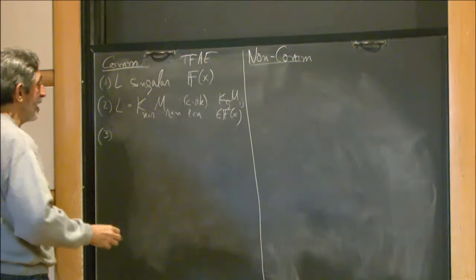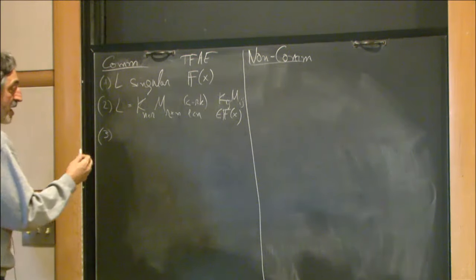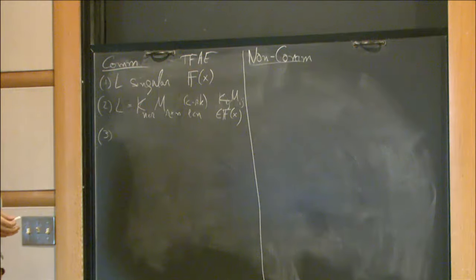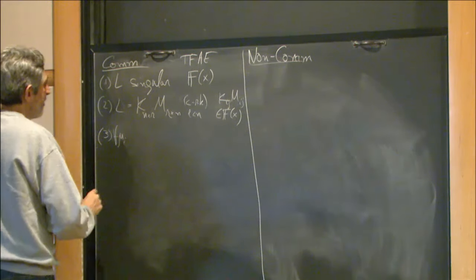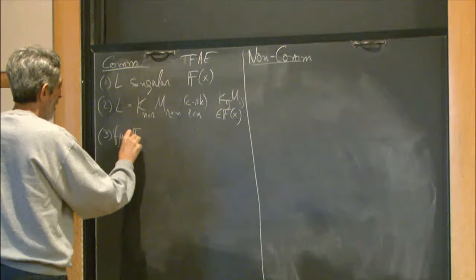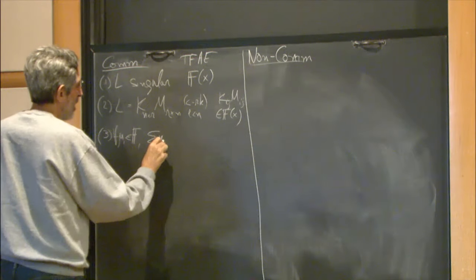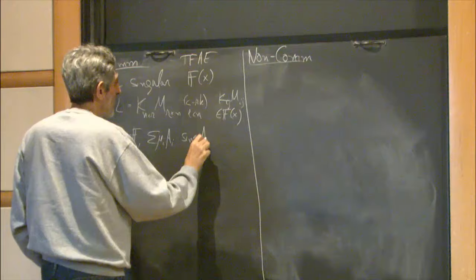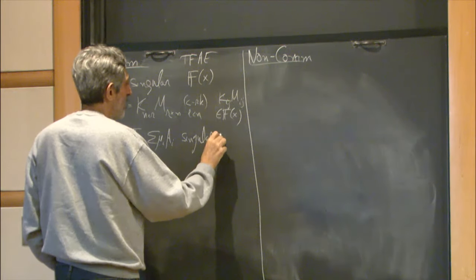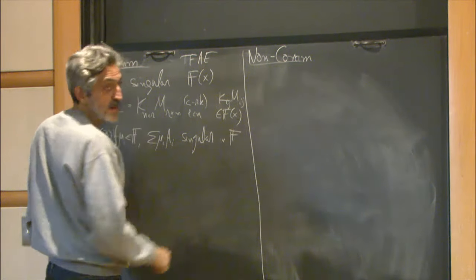Another one is what Zev was just saying, that for any assignment to the variables over the field, we get a singular matrix. So for every, let's say, mu_i in the field, the sum of mu_i A_i is singular as a matrix over the field.